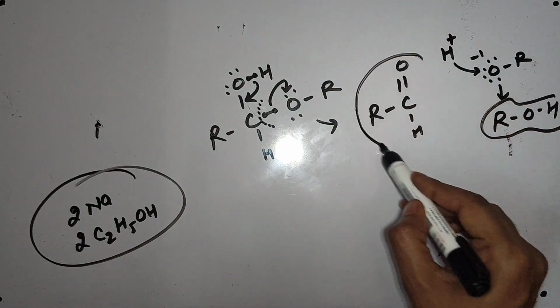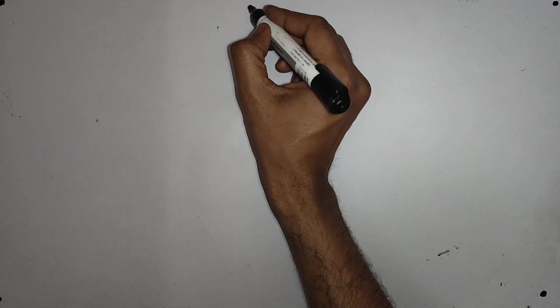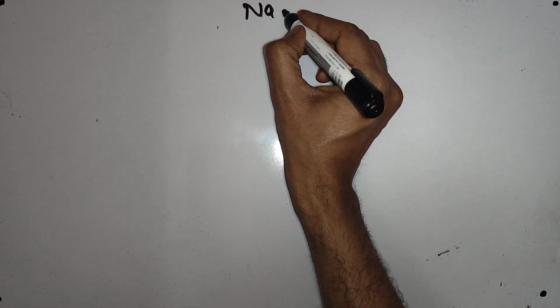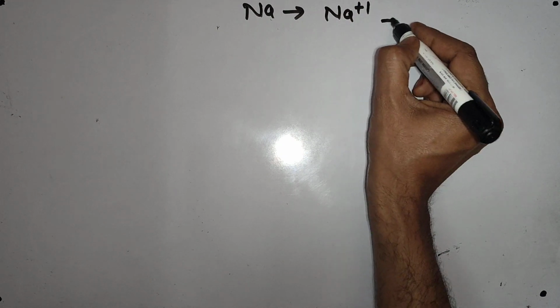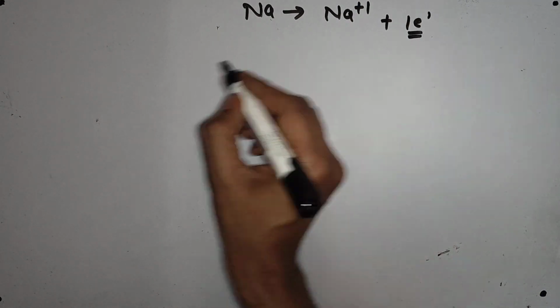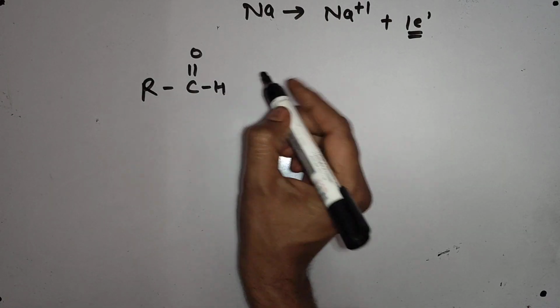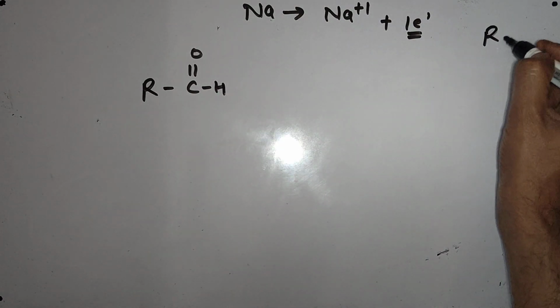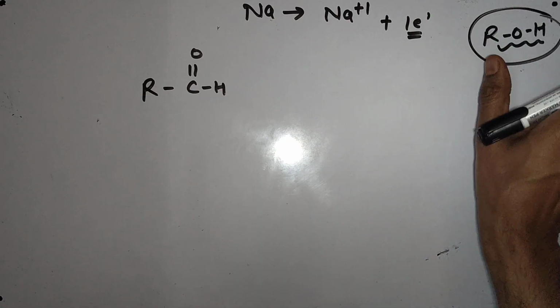Now what about this aldehyde? The same mechanism will happen with the aldehyde. Another sodium atom will release 1 electron. Keep in mind that ROH is already generated: one alcohol particle is already generated from the alkoxy site.